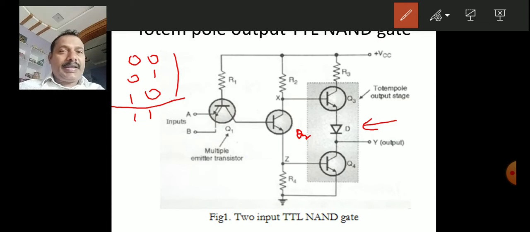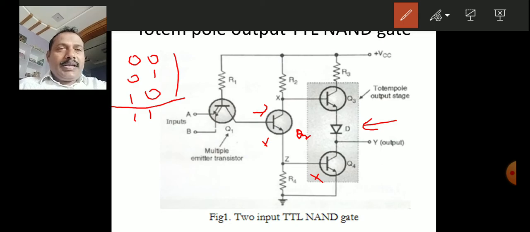In all these three cases, Q1 conducts. Whenever Q1 is conducting, there is no sufficient base current flowing through Q2. Hence Q2 is off. When Q2 is off, Q4 is also off because there is no base current to Q4.